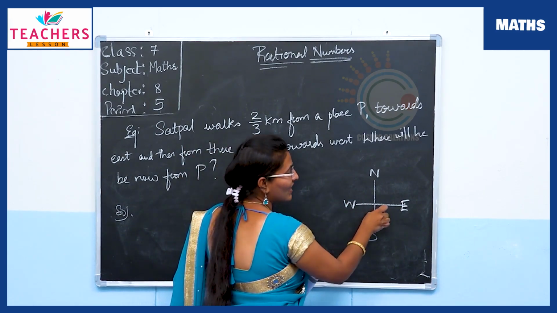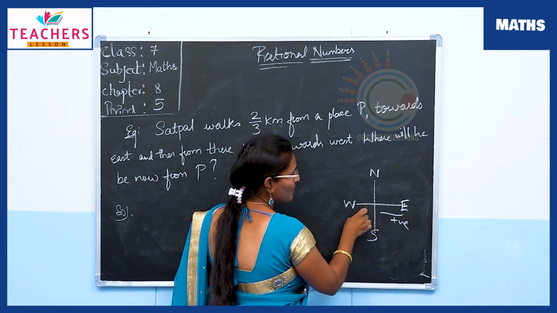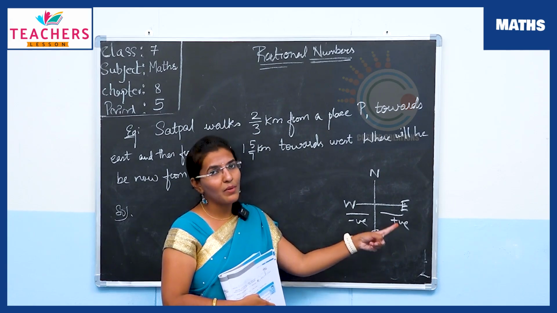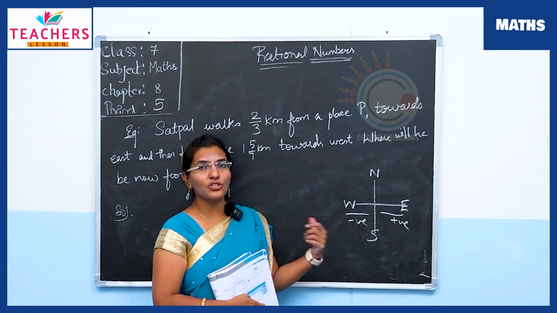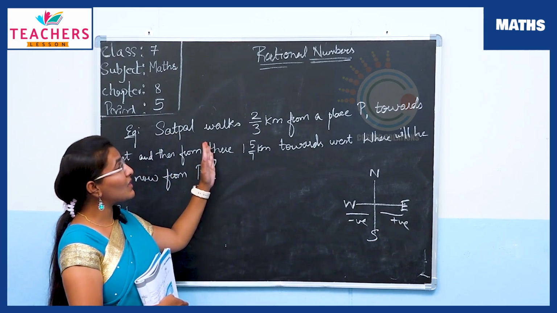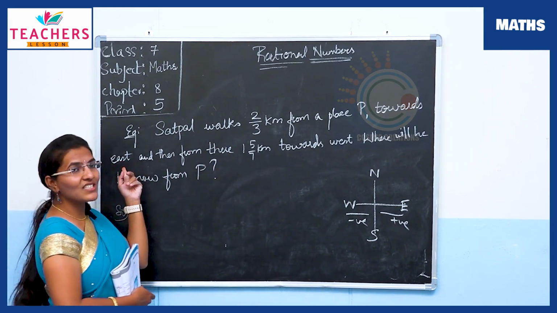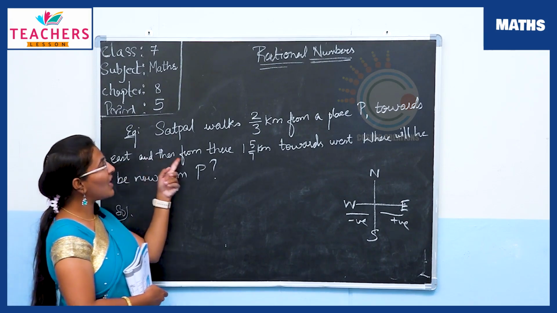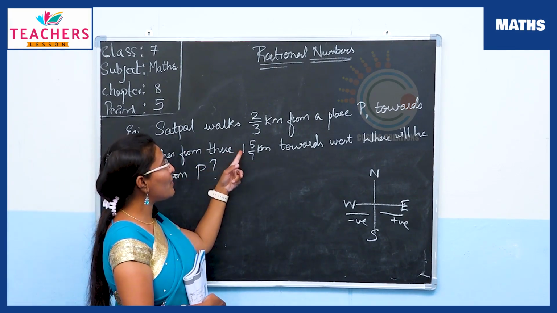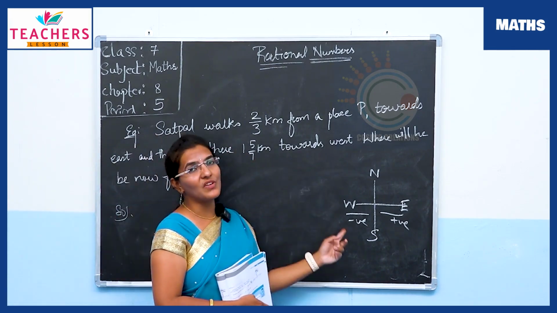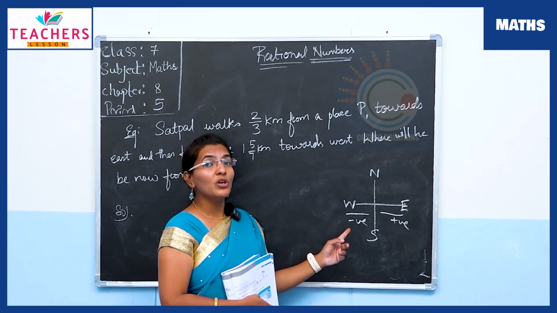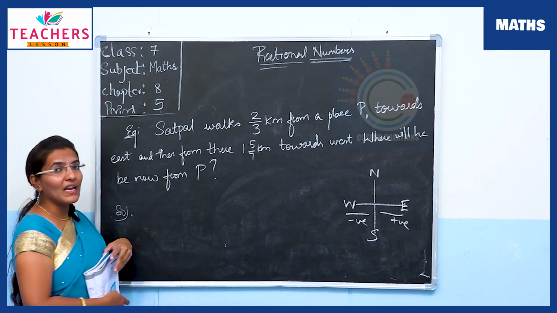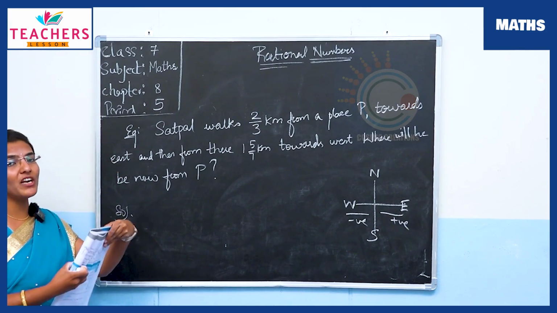In a number line, we take this side as positive, right? And this side as negative. So to the east we are going to take positive, and to the west we are going to take negative. So Satpal is walking towards east or west? Towards east. That means positive direction. And then from there 5 by 7 kilometer towards west. So from there he is going to move in a negative direction. So where will he be now from the point P?